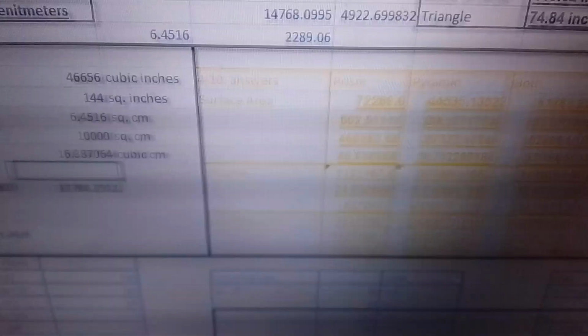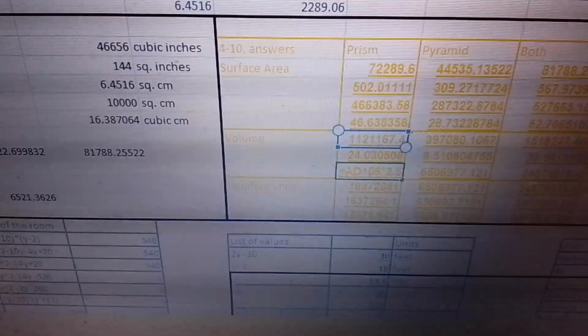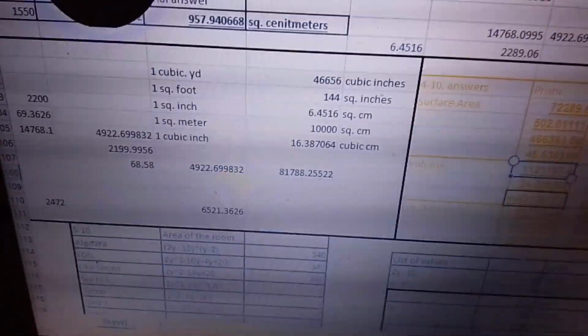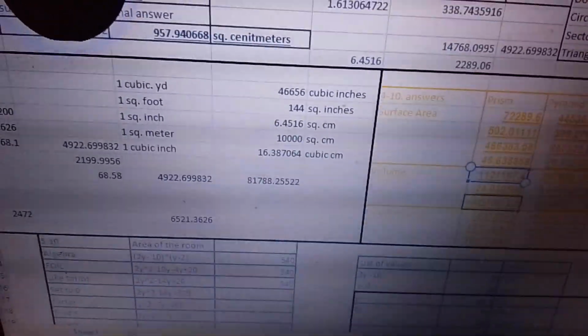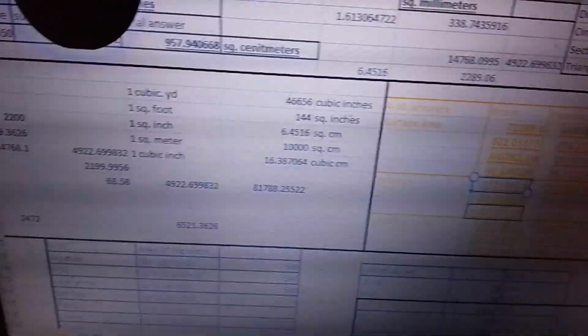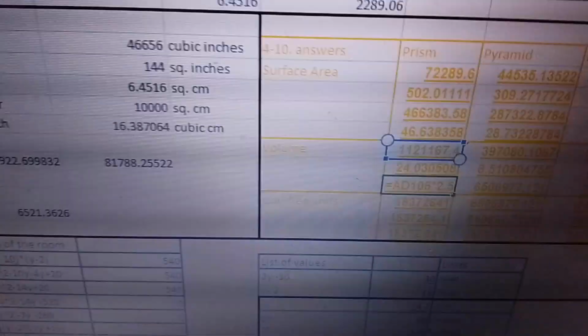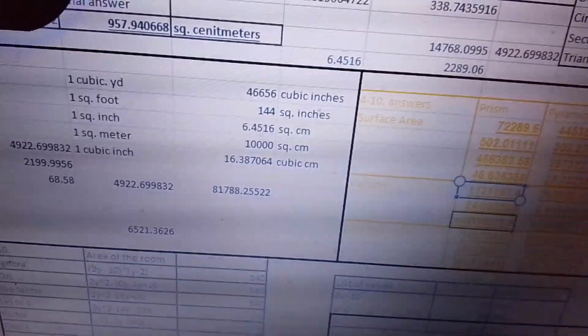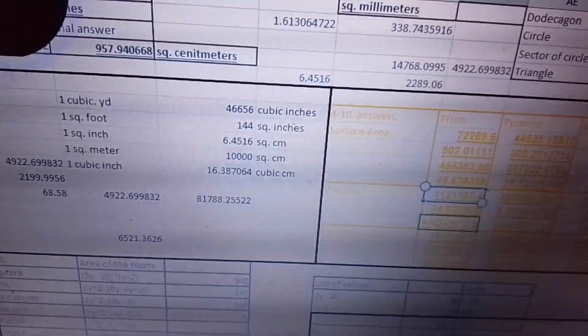Then what I did here, to convert that, we know that 1 cubic inch is 16.387. So your answer, which you see here, I multiplied by 16.387. So what did you get? Or 2.54 caret 3.